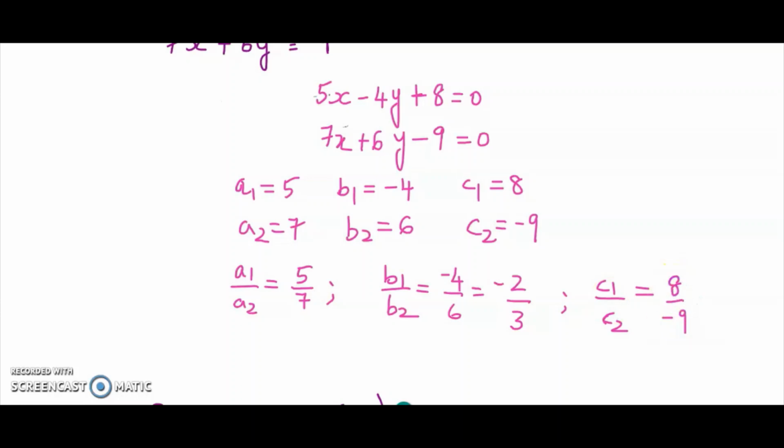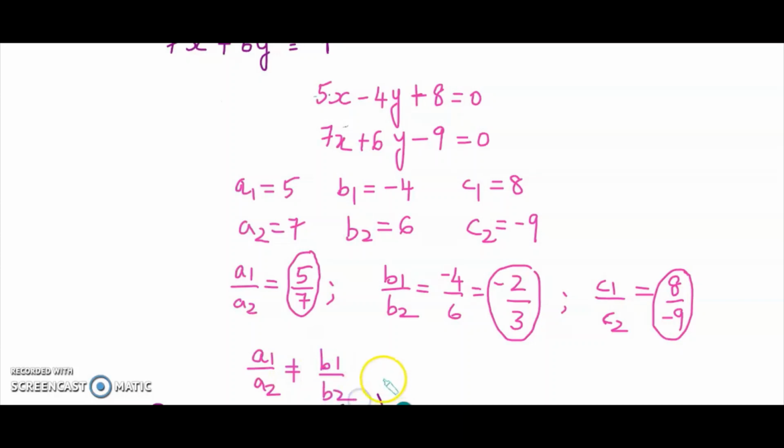So clearly, if you look at the ratios, we have 5 by 7, minus 2 by 3 and 8 by negative 9. So can we say here a1 by a2 is not equal to b1 by b2? So it is intersecting at one point. That's the answer.